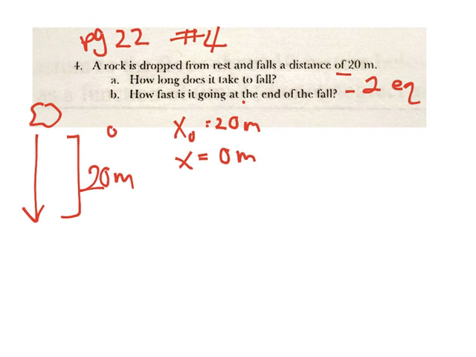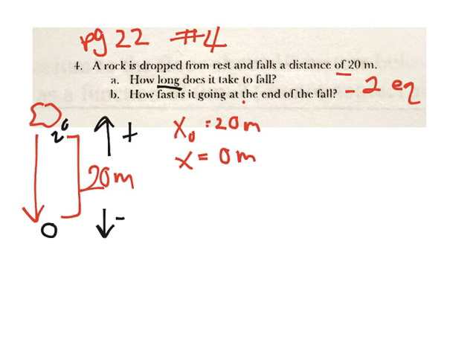You could call this 0 and this 20, it doesn't matter. However, I like to have my down be negative and my up positive. And I like to put ground as 0, so I'm going to put 0 down here, 20 up here. So it did end up essentially dropping from 20 to 0.